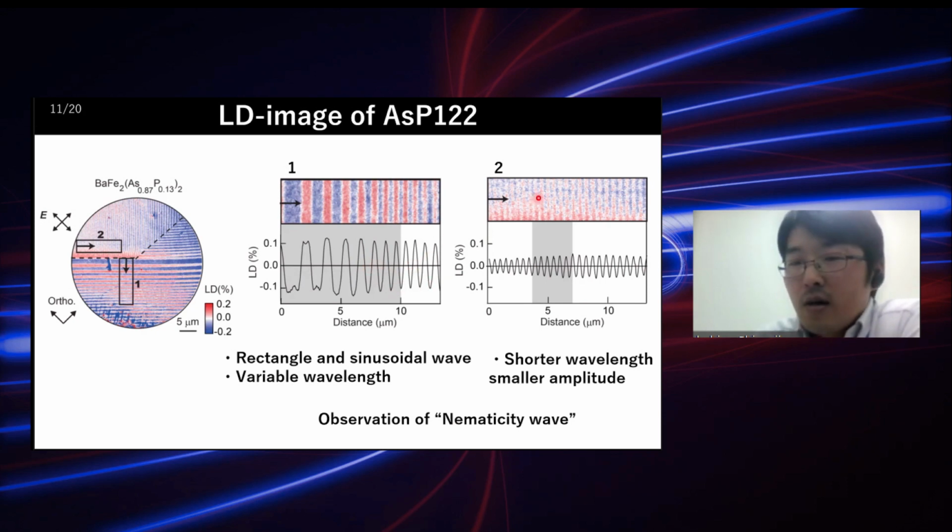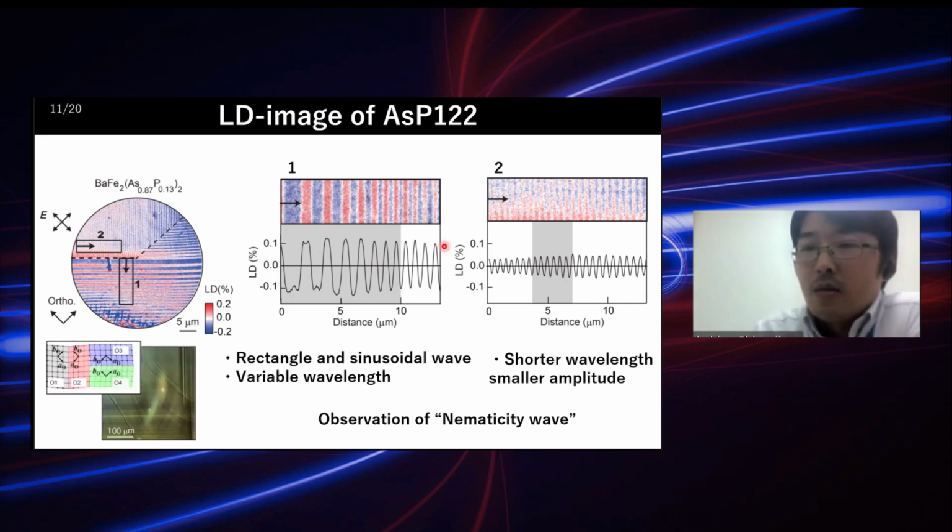In region 2, we can observe very simple sinusoidal waves with small amplitude. So depending on the sample positions, we observe different types of wave shape. All of these observations we named the nematicity wave.